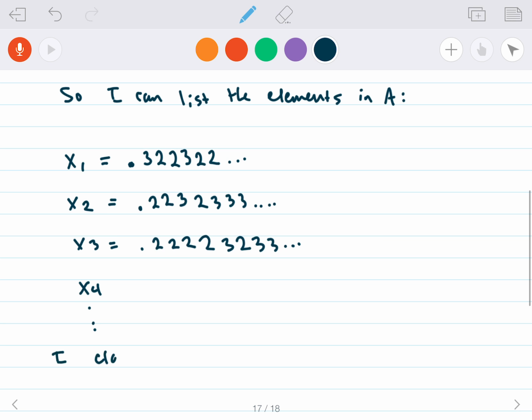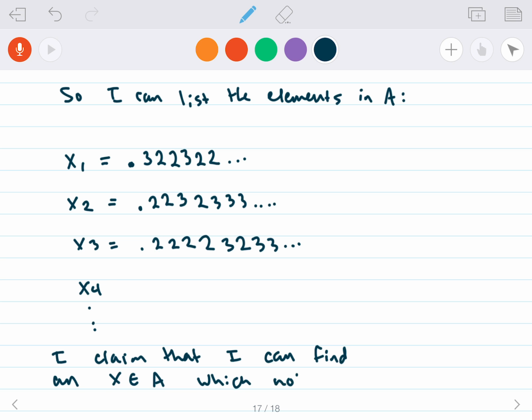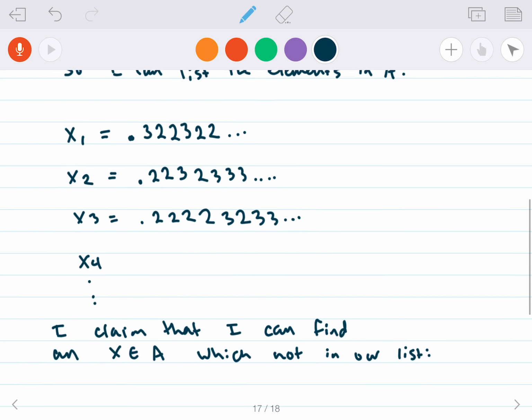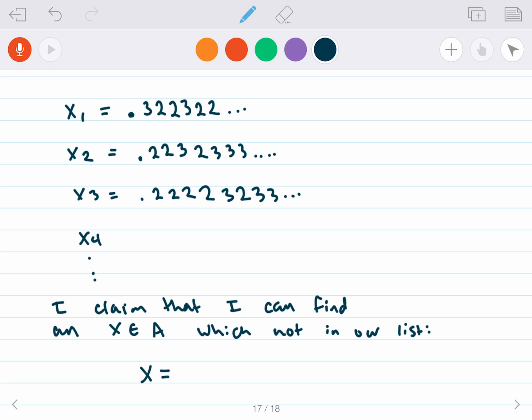I claim that I can find an X in A which is not in our list. So how are we going to construct such an X? Well, we know it has to contain 2s and 3s, but here's the trick. I'm going to look at my first element, and if it's a 3, I'm going to change it to a 2.